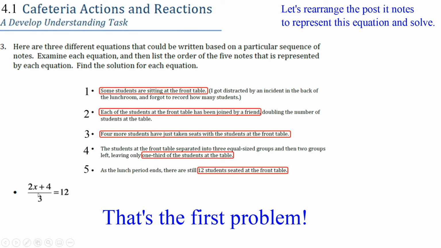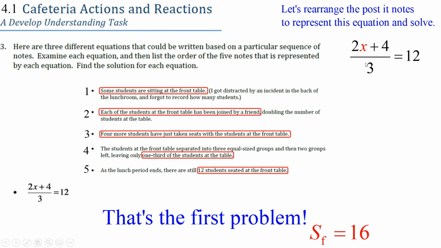So, if I look at 2x plus 4, all of that quantity over 3, if I'm going to isolate that x, the first thing I have to do is get rid of that division by 3. So what undoes dividing by 3? Multiply by 3. And do that to both sides. So, the factors of 3 will cancel, leaving us 2x plus 4.